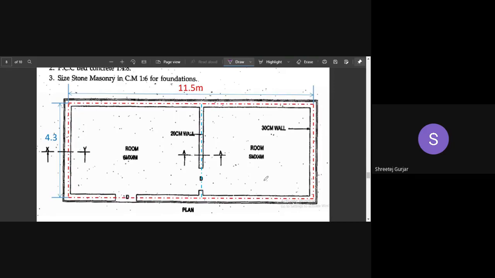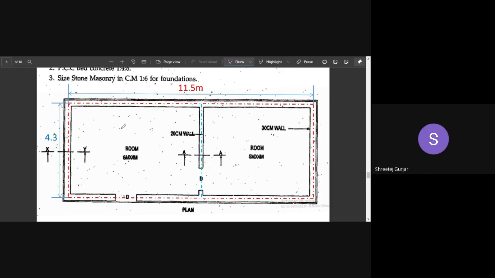This is the 20 centimeter wall. This is the 30 centimeter wall. Our external walls are 30 centimeter. We have two doors, right? One door is here, and one door is here, and both the doors are of the same size. We see there are no windows. No windows are provided. Only two number of doors.